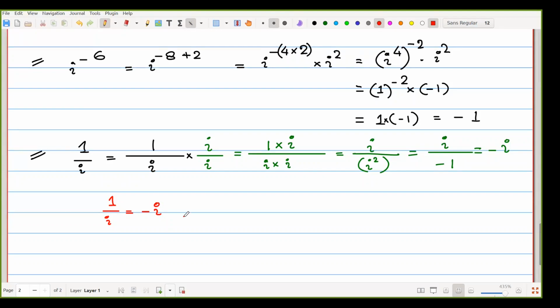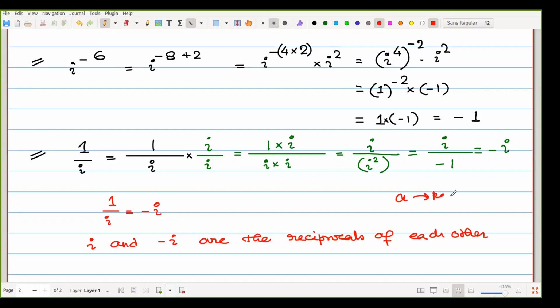Okay, so always remember one thing, i and minus i are the reciprocals of each other, because reciprocal means 1 by a. The reciprocal of a is equal to 1 by a. Suppose a, its reciprocal is 1 by a. In the same way, for i, its reciprocal is 1 by i.